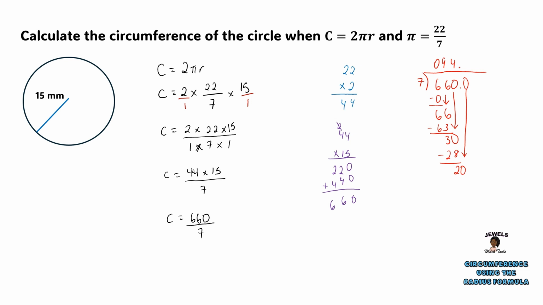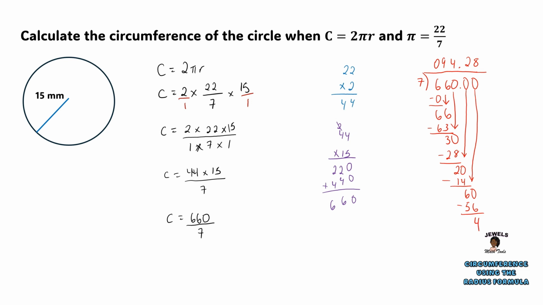So 7 will divide into 20 2 times. 2 times 7 is equal to 14. 20 subtracts 14 will give us a difference of 6. We're going to add in a 0. Bring down our 0, changing 6 into 60. 7 divides into 60 8 times. 8 times 7 is 56. And when 60 subtracts 56, we have a difference of 4.